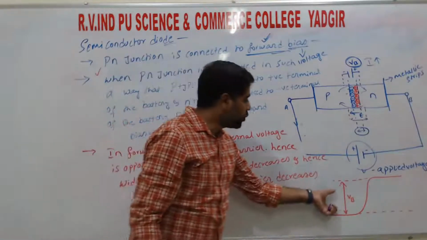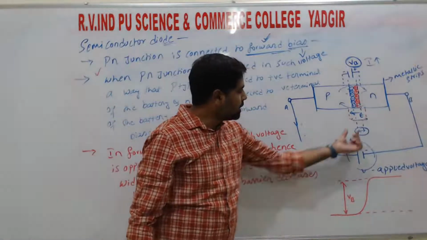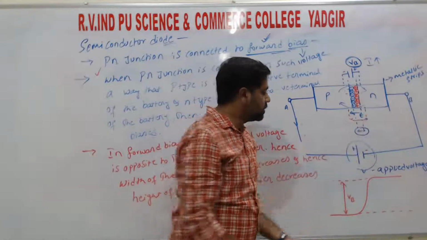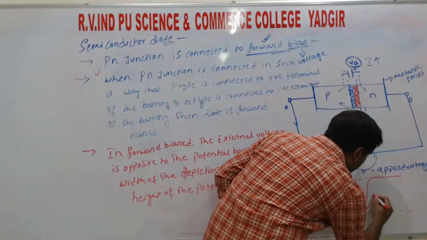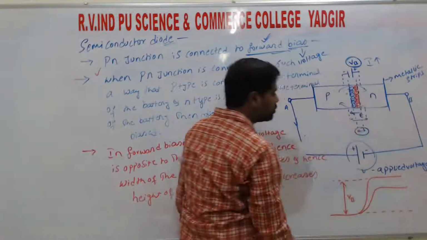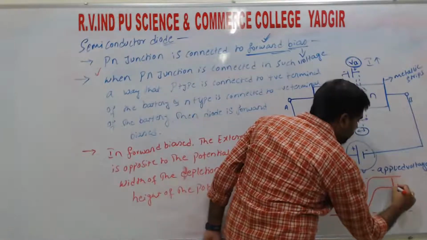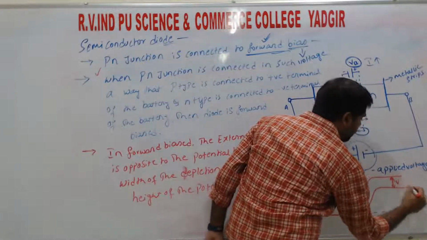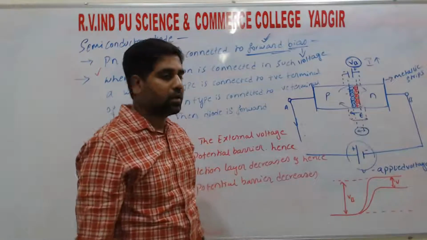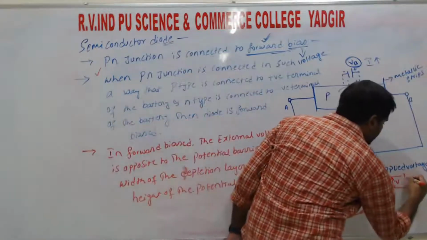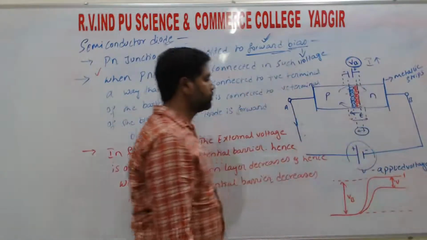That one is the potential barrier height. So as this depletion layer decreases, the potential barrier height also decreases. By how much? That is by how much we are applying the voltage, right? So this one we take as 1, right?